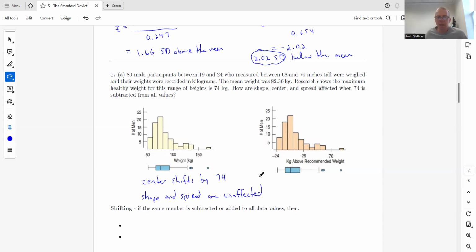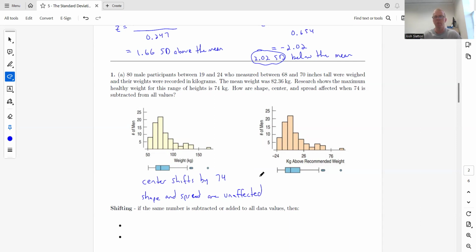The example I'll use in class is, imagine you took your first test and you got an 80 and your friend got a 75. So the difference between your grades is 5 points. And then let's just say I've decided to add 10 points to everyone's score. So now your score is 90 and your friend's score is 85.